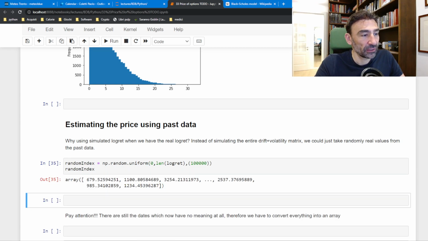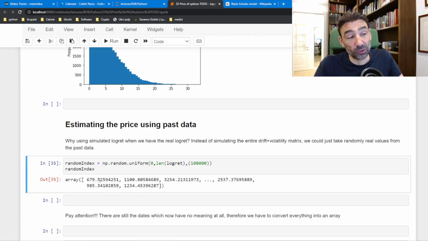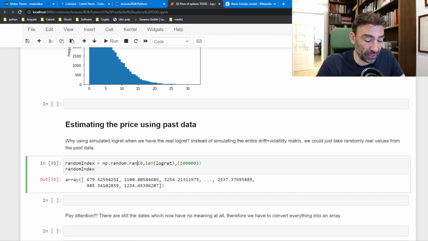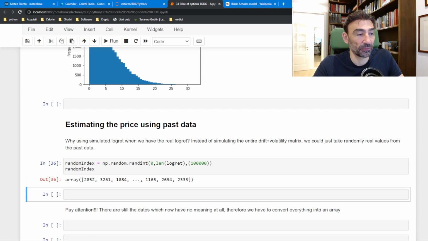What's the problem? The problem is that it takes fractional numbers. Okay, I could just simply round it and I get integer numbers, but I have a better function, randint. Okay, randint is the same as uniform, but takes integer numbers. This means, for example, that the first day we will use the return of day 2052.